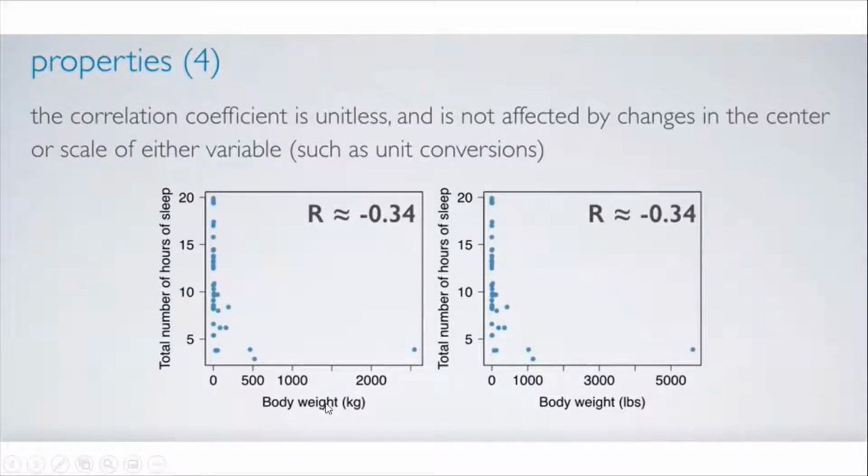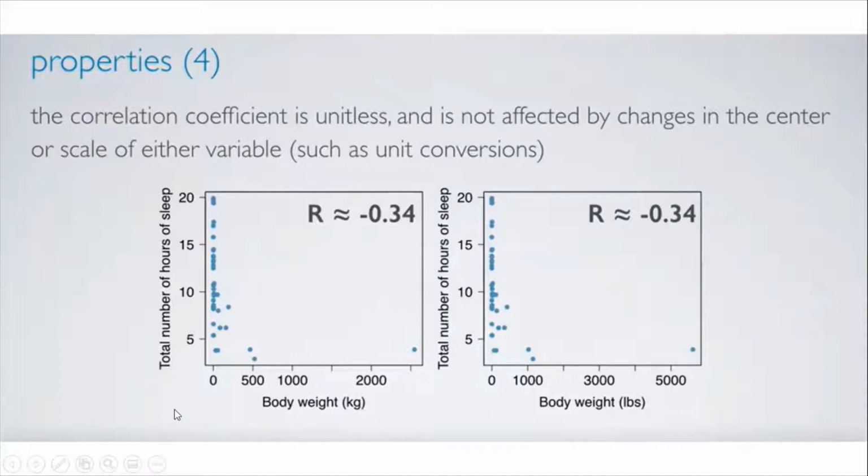The first plot is measured in kilograms, and the second plot is measured in pounds. Even if the unit has been changed, or if the data are scaled, something like a log transform, the correlation will not change. It will not affect the correlation.